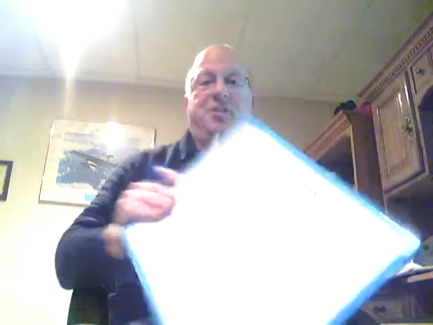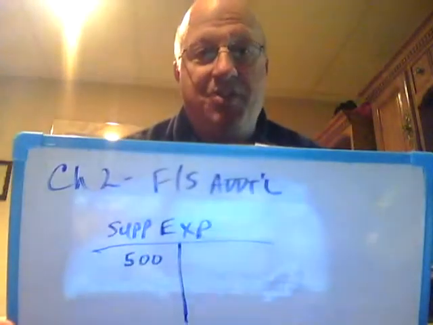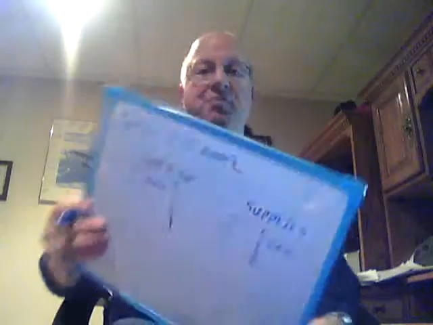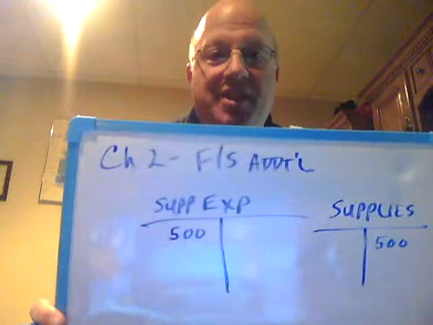If we have an adjusting entry for supplies expense of $500 at the end of the month, then we're going to have a debit to supplies expense, and as part of the adjusting entry, we're going to have an equal credit to the supplies asset account.